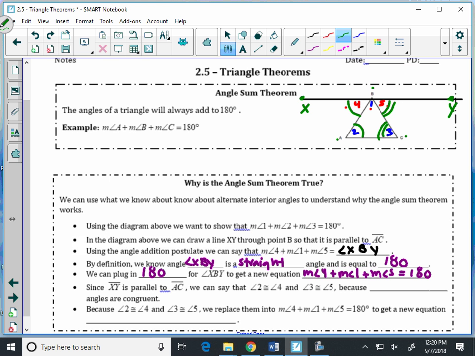It might help if you extend this bottom line. We know this and this are parallel to each other. How can we say 2 and 4 are the same? What allows us to say that? Very good. Yeah, they're alternate interior angles. These are also alternate interior angles.